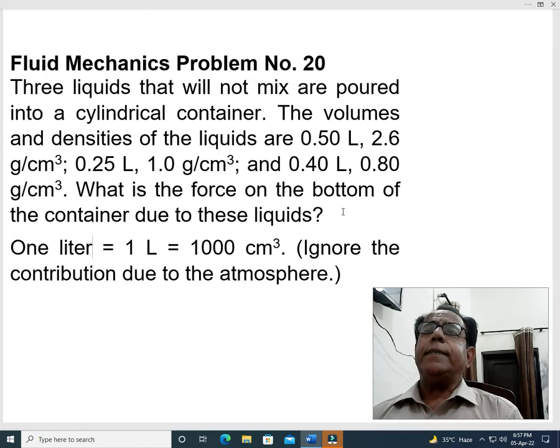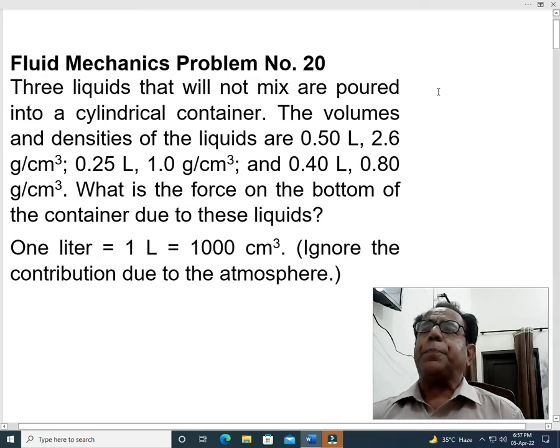Three liquids that will not mix are poured into a cylindrical container. The volumes and densities of the liquids are 0.50 liter, 2.6 gram per centimeter cube; 0.25 liter, 1.0 gram per centimeter cube; and 0.40 liter, 0.80 gram per centimeter cube.